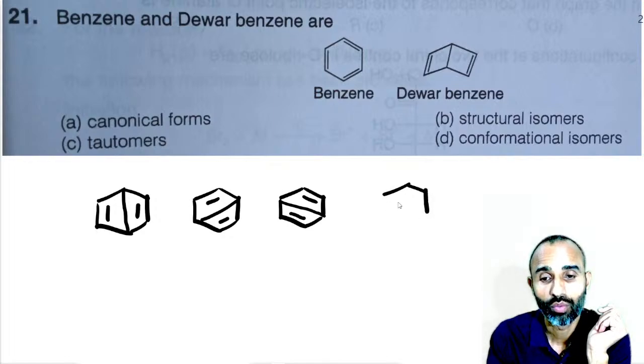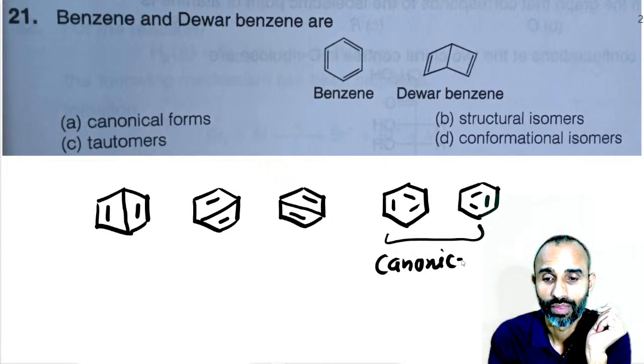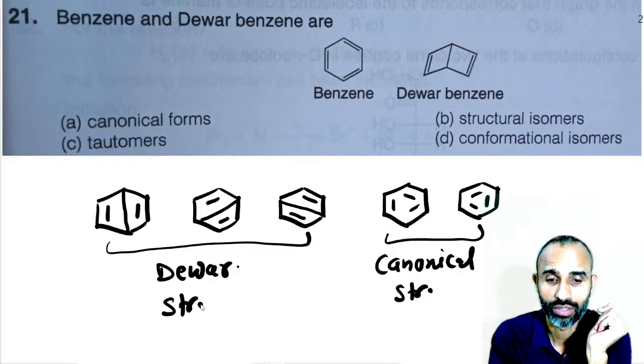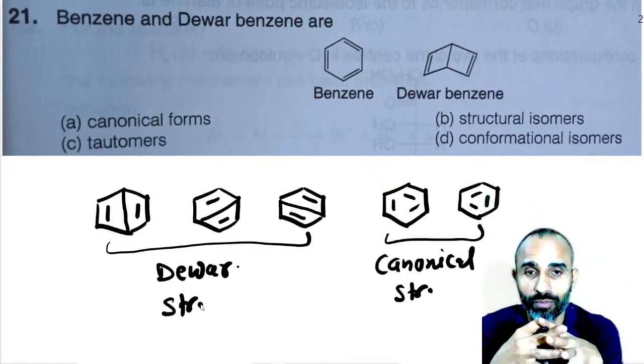What is the relation between these two structures? These are called canonical structures, meaning resonating structures, and these three are known as Kekulé structures.